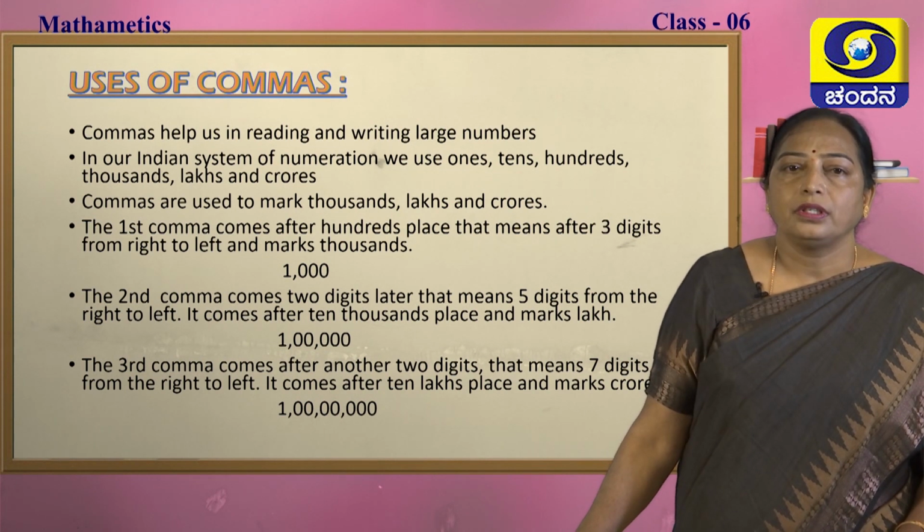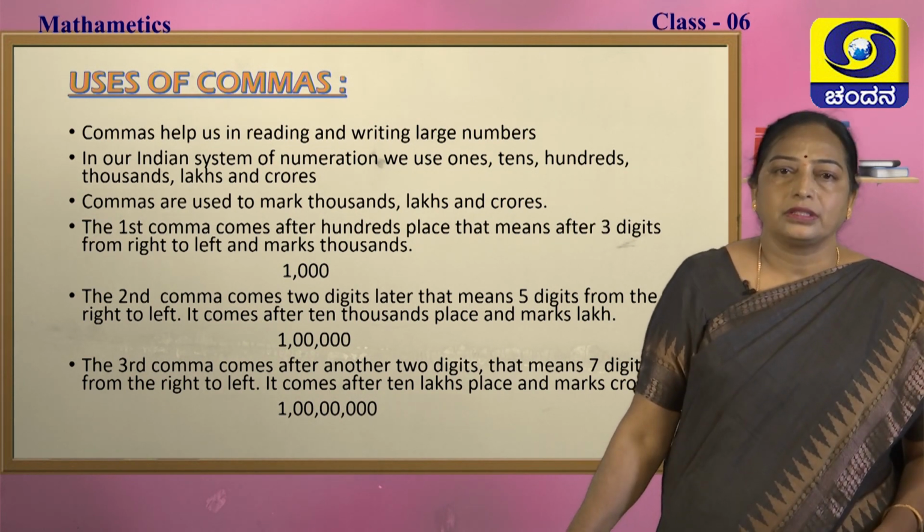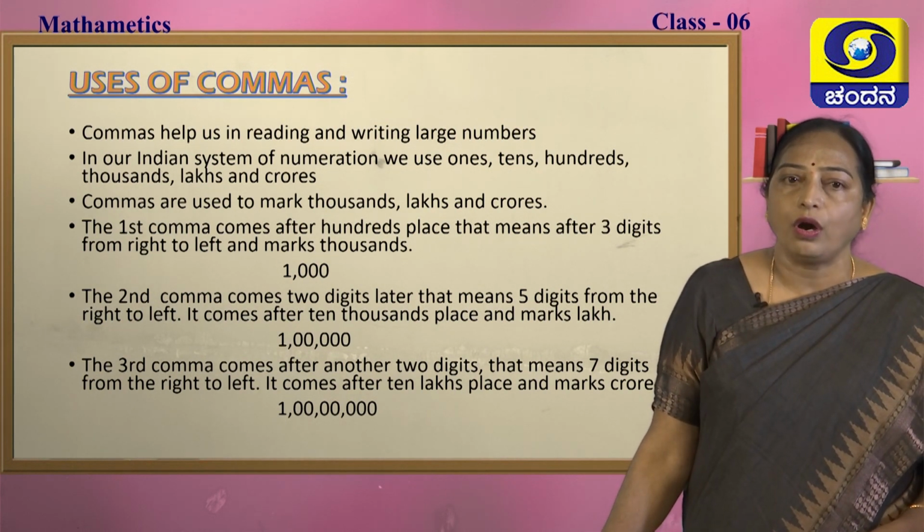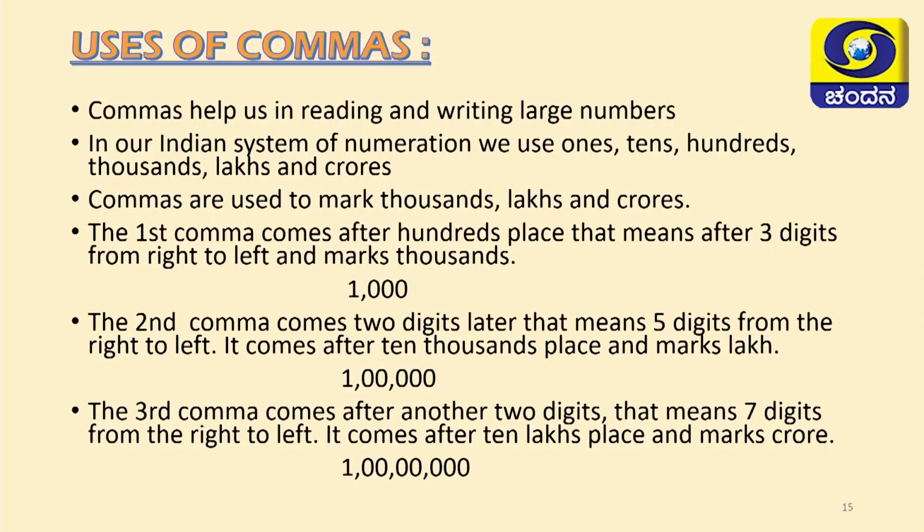So, uses of commas. Now children, commas help us in reading and writing large numbers. In our Indian system of numeration, we use ones, tens, hundreds, thousands, lakhs and crores. Commas are used to mark thousands, lakhs and crores. The first comma comes after hundreds place, that means after 3 digits from right to left, and marks thousands.